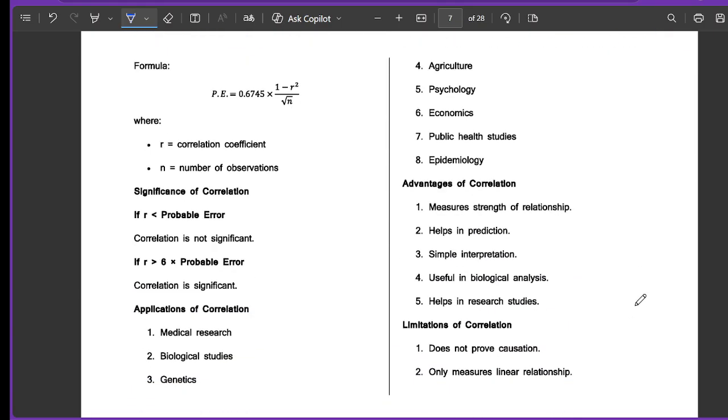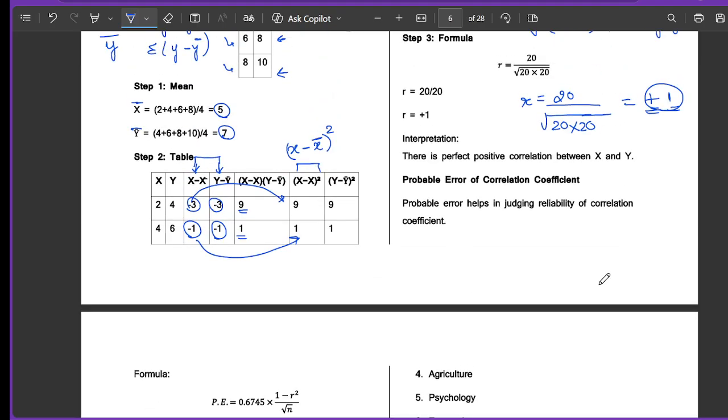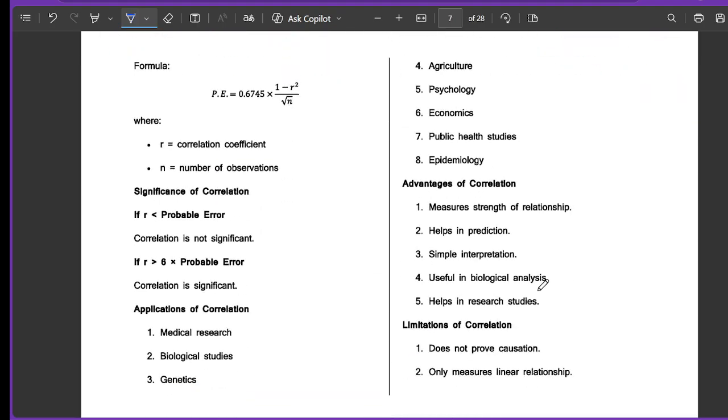Now we need to understand the probable error of the correlation coefficient. Firstly, we should see why this error calculation is required. Every statistical calculation has some kind of error. So if the probable error comes out to be greater than the correlation coefficient, we can say that there is no significant correlation.